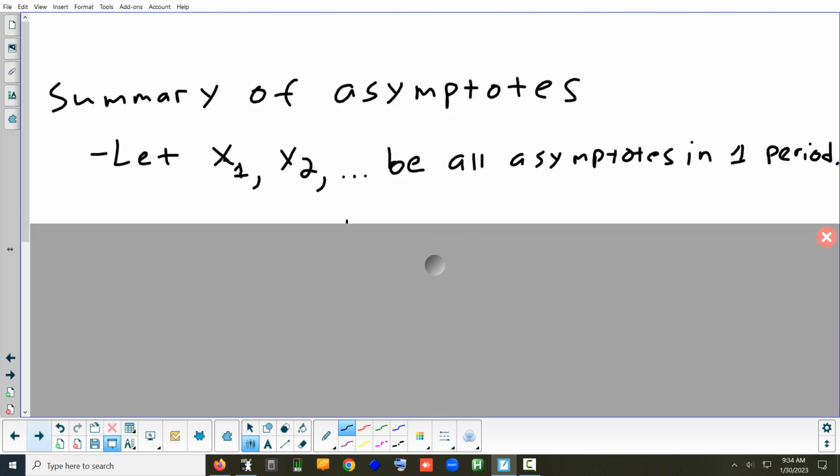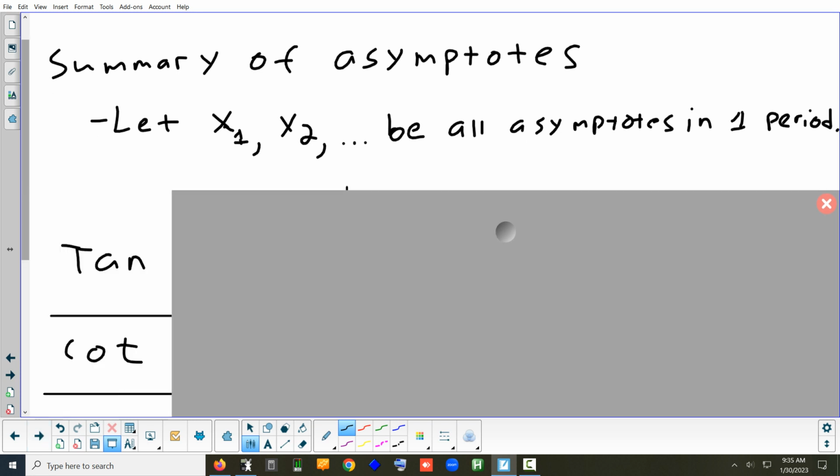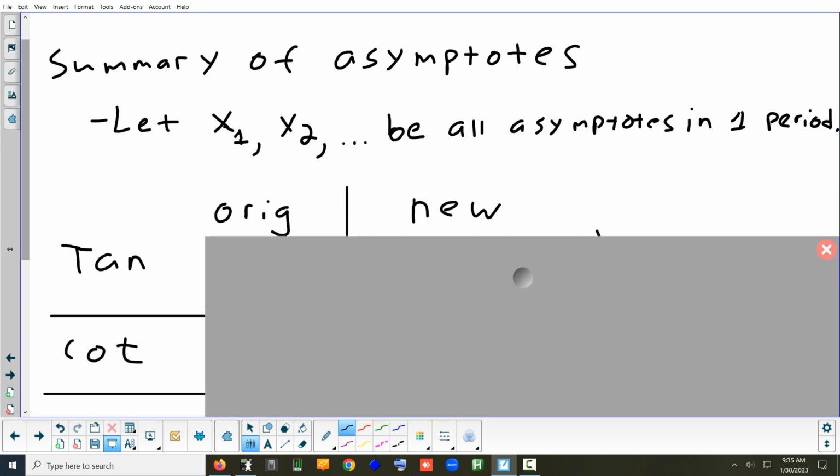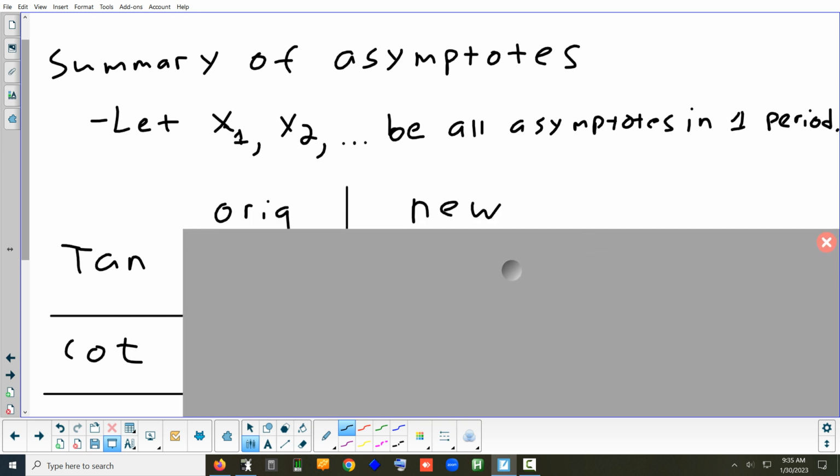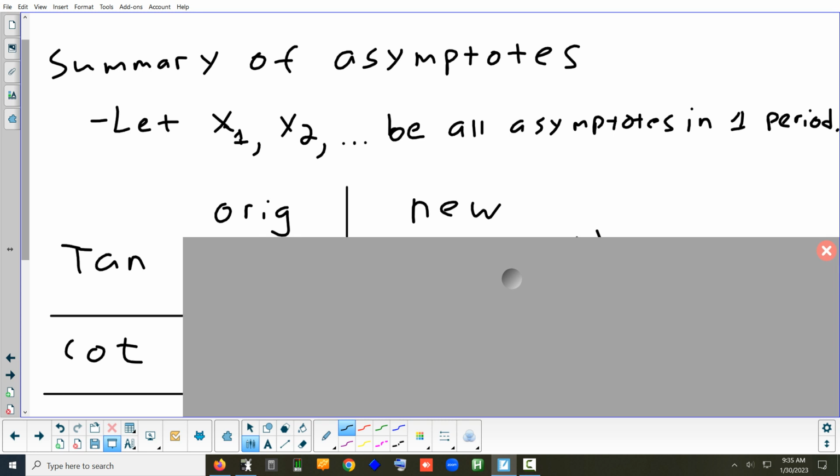Okay. So let's put all the information about asymptotes in a table, and then I'm going to go back to what was on this slide. Okay, let's start with tangent.